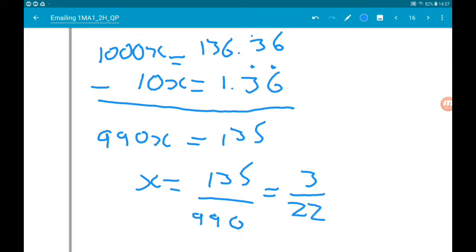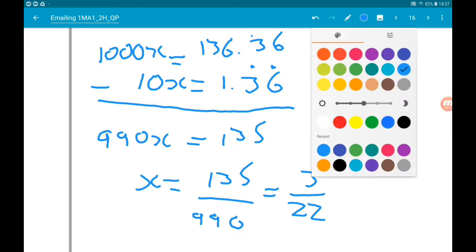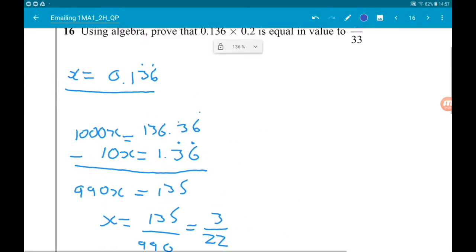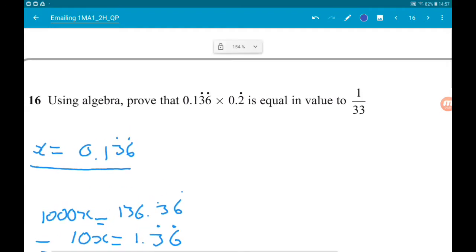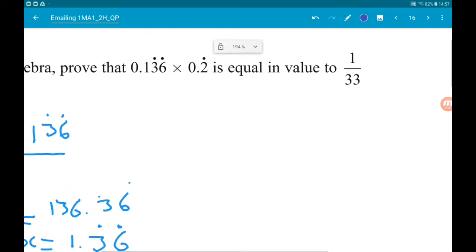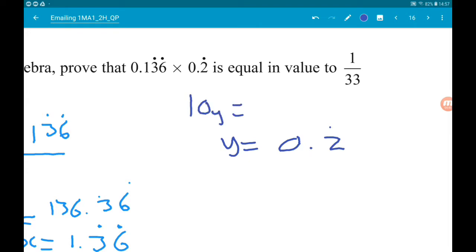Okay, so now if we do the same, now luckily it's a lot easier for 0.2 recurring, so we call y 0.2 recurring, multiply both sides by 10, 10y is 2.2 recurring.